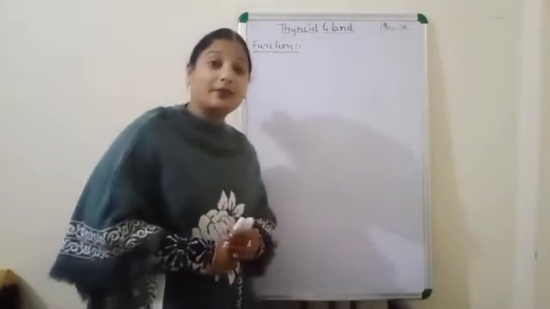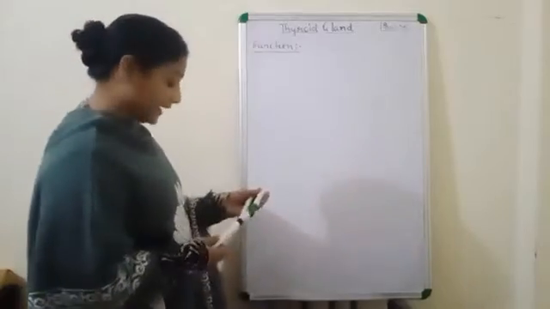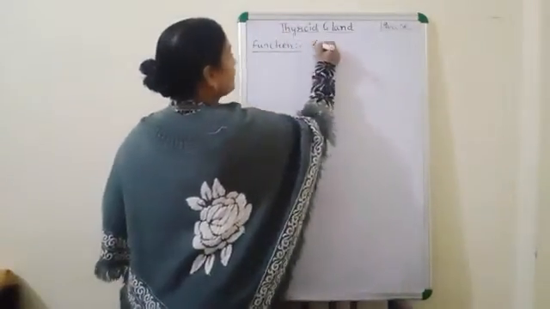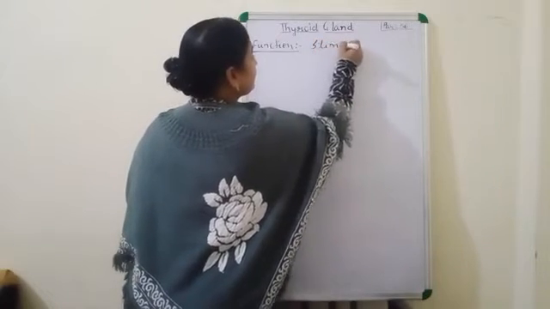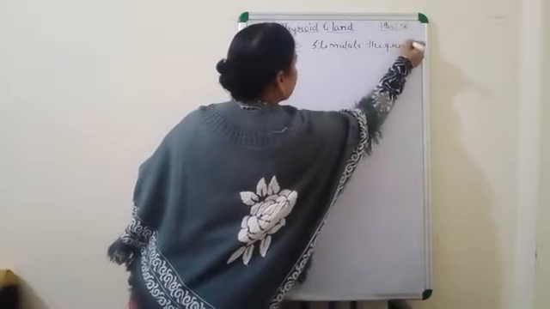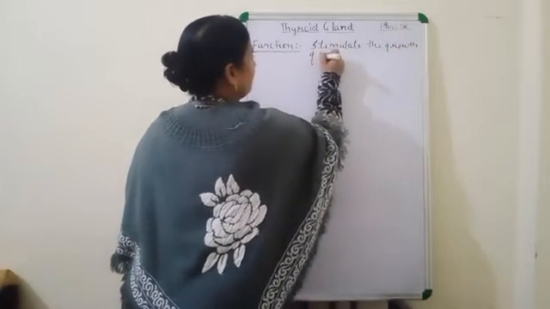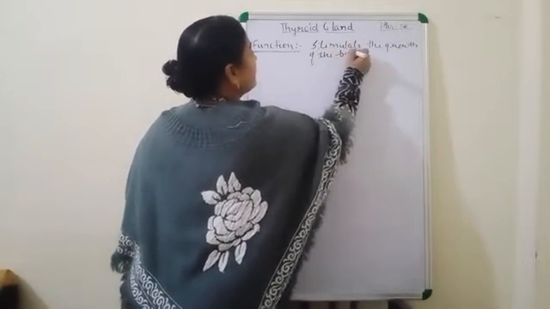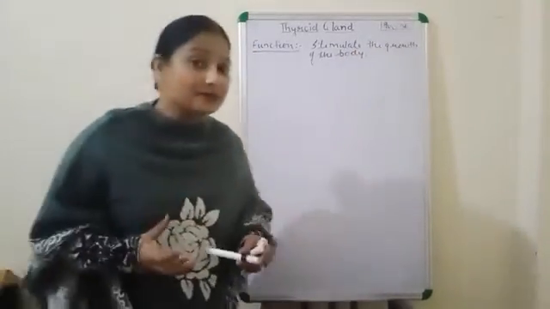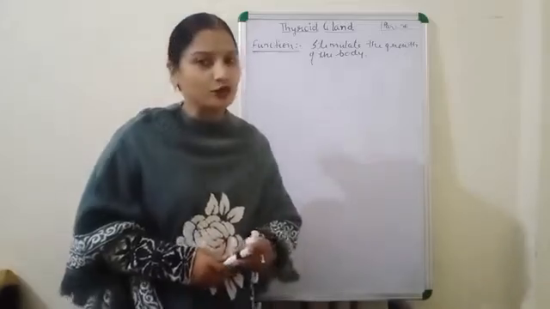Now we will see the function of this thyroid gland. Point number 1. It stimulates the growth of the body. Okay? Children, this thyroid gland stimulates or helps in complete growth of the body.